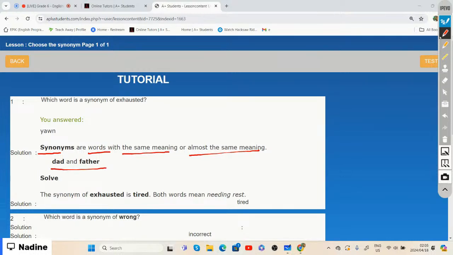Those are synonyms, because you can either call your dad dad, or you can say, this is my father. You don't have to call him father, but when you tell people, this is my father, this is my dad, it means the same thing because of the significant role that fathers or dads need to play.